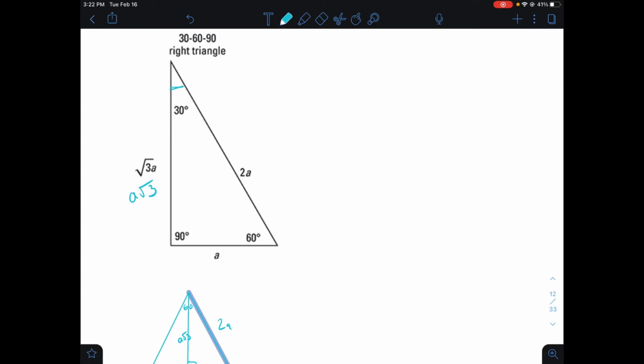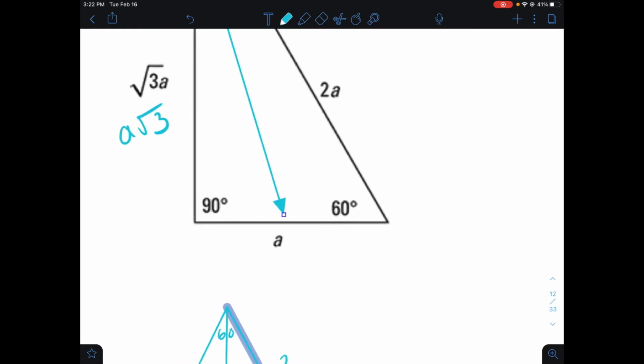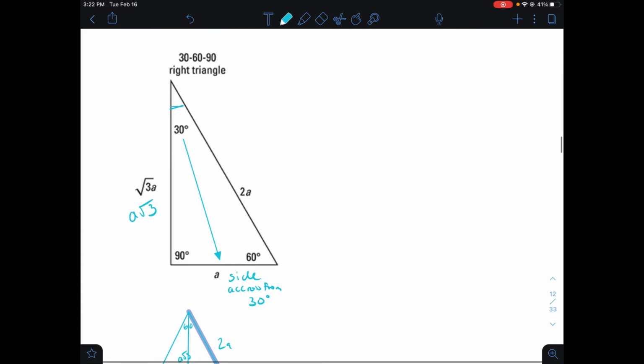So first thing, let's talk about some terminology. If you hear the side across from 30, that's this. Okay, so this is the side across from 30. That's how we identify sides. This guy here is the side across from 90.